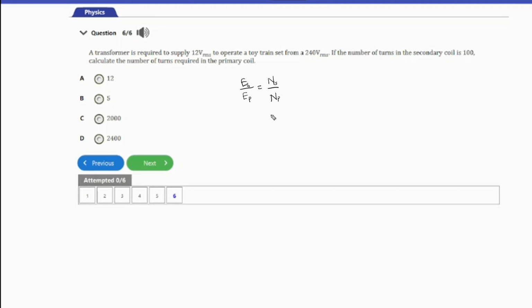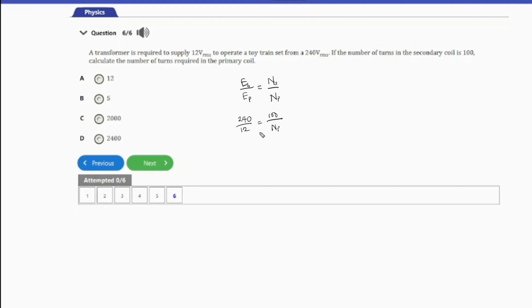So when we do this, we are going to plug in the values for each of these. So starting with the voltage E for the secondary coil, that's 12 volts over that of the primary coil, which is 240 volts. Then this is equal to the number of turns of the secondary coil, which is 100 over that of the primary coil, which is not given.